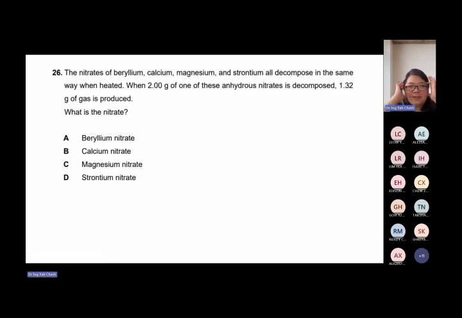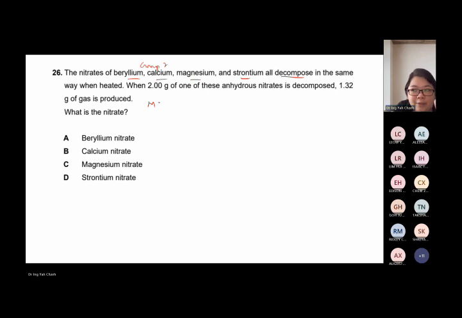Question 26. You have nitrates of beryllium, calcium, magnesium and strontium. They are all group 2. Since they are all group 2 metals, we can write a general equation for the decomposition of these nitrates.